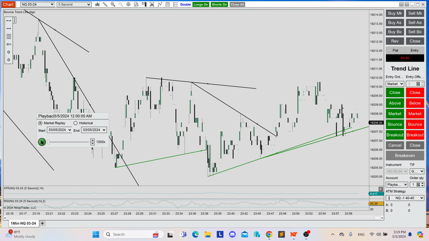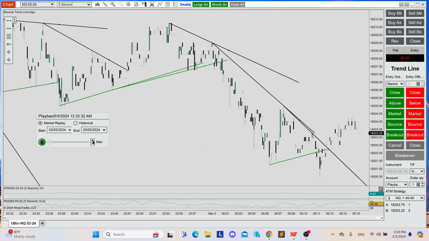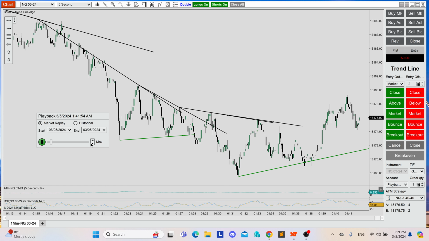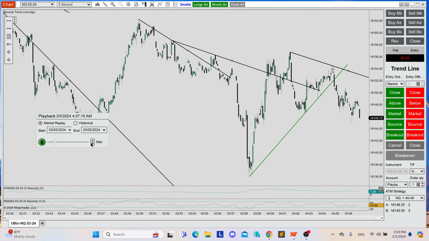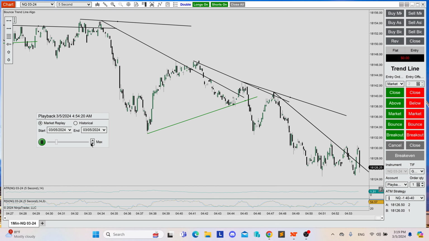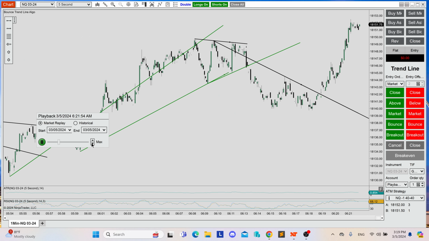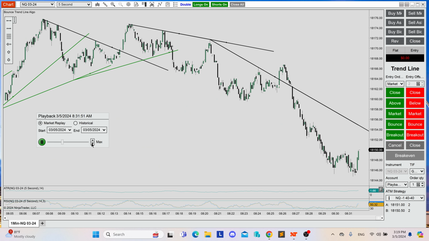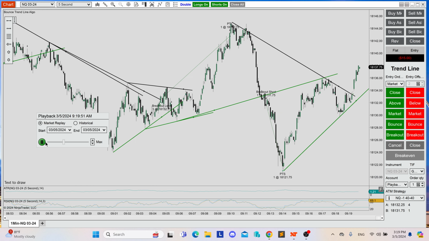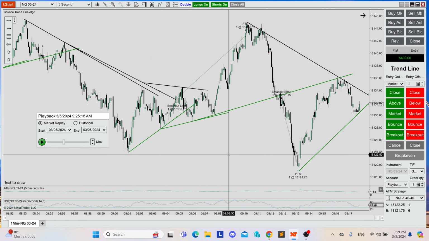So let's speed it up until 9 a.m., and then I will slow it down a little bit. See, the trend line is a price action strategy, because price respects trend lines or bounces from them.